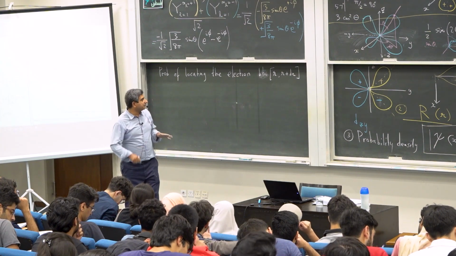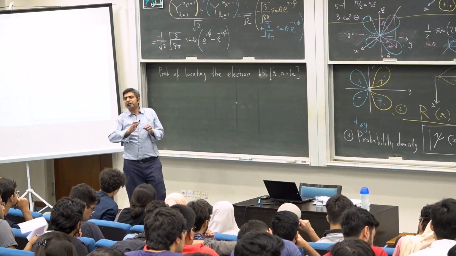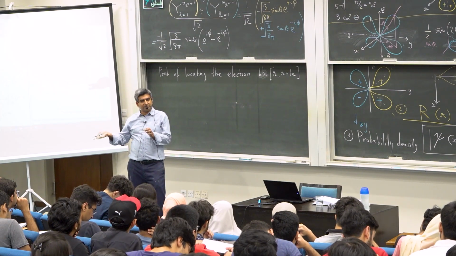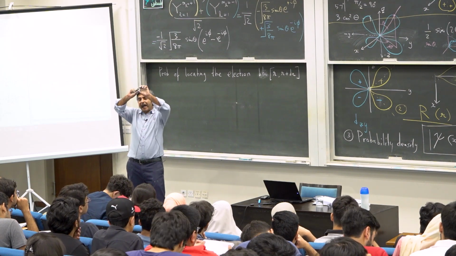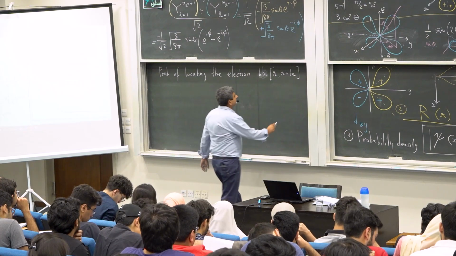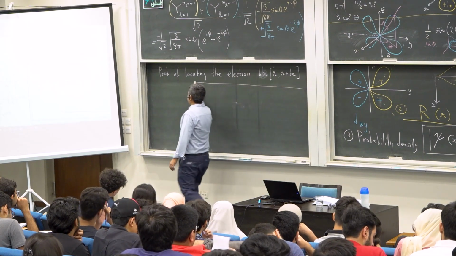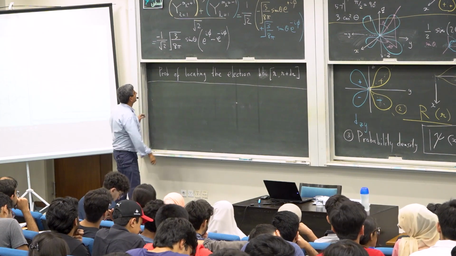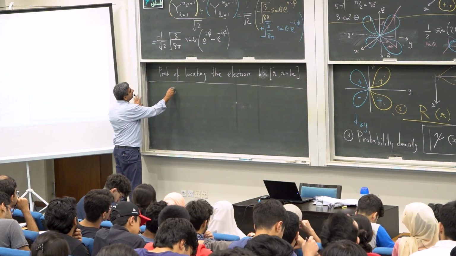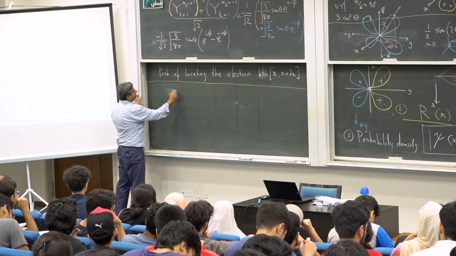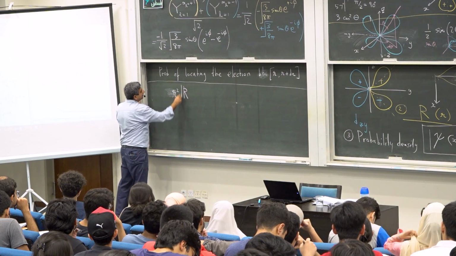So this question means that I'm only concerned about how far the electron is from the nucleus. I really don't care about the angles. So I can average over all the angles. Now this is a key moment of contemplation here, because what I would now like to do is, I take my psi, my capital R squared.